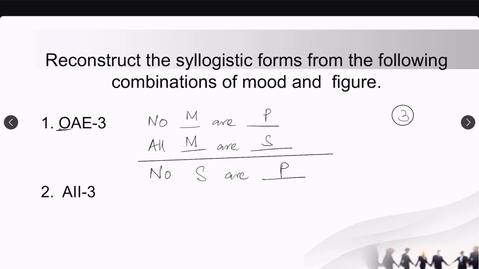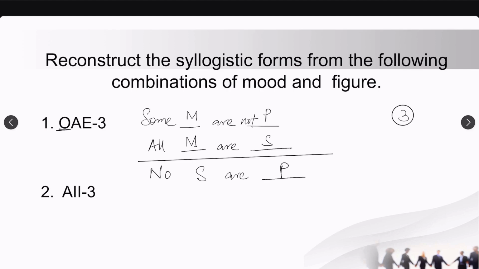So again in O you will get some, and then not. So this is some M are not P, all M are S, and then the last one is no S are P. So this came into standard form.